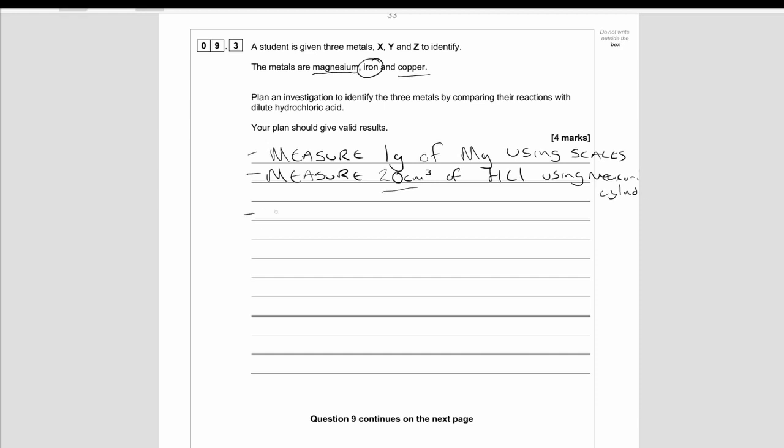There's a few different ways you could measure their reactivity here. I'm going to go with measuring how much they bubble when you mix them together. So we're going to add the magnesium to hydrochloric acid and observe the bubbling.